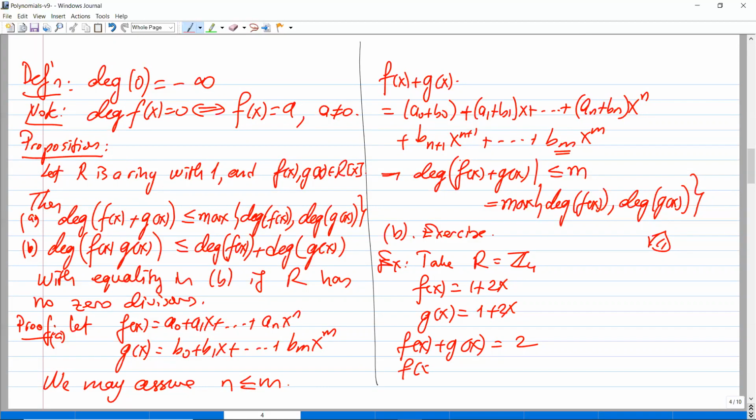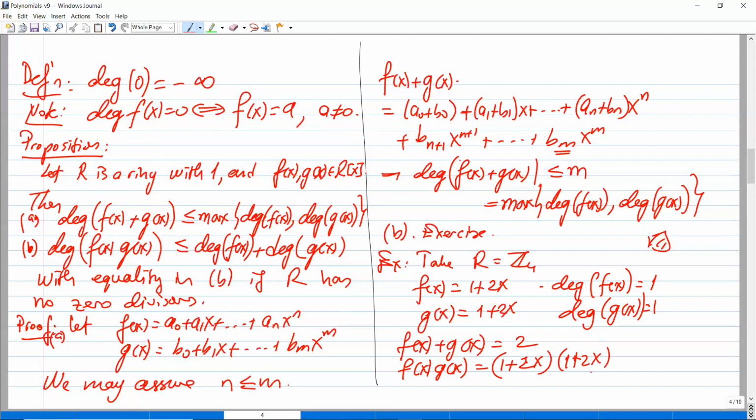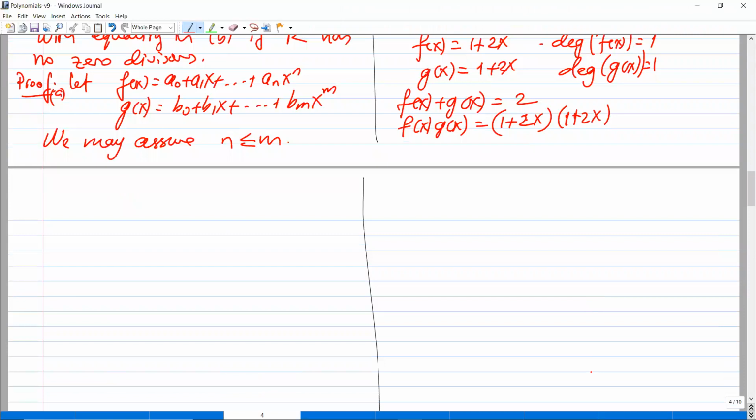Also, if you look at the product, the degree of f(x) is 1, the degree of g(x) is also 1. And let's look at the multiplication. It is 1 plus 2x times 1 plus 2x, that is 1 plus 2x plus 2x plus 4x squared.